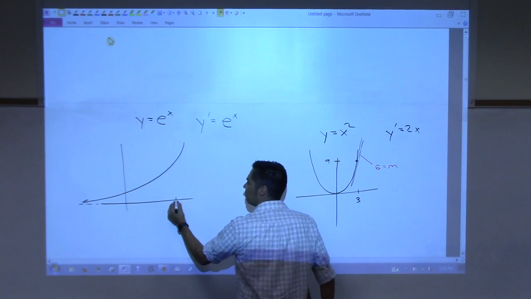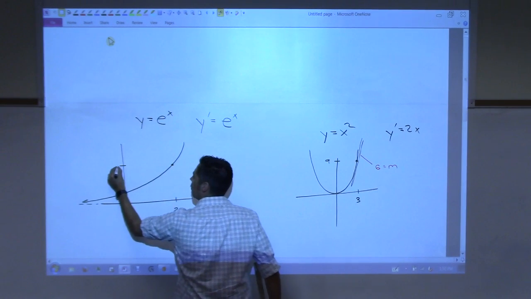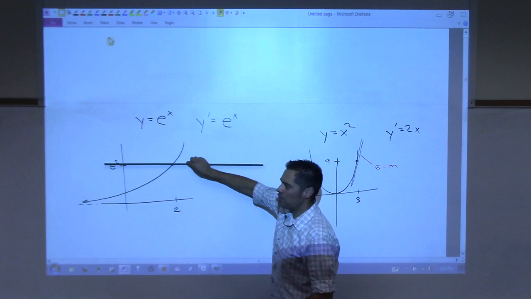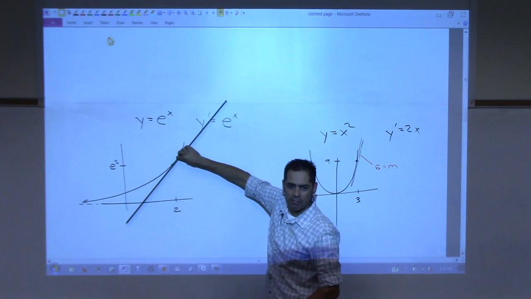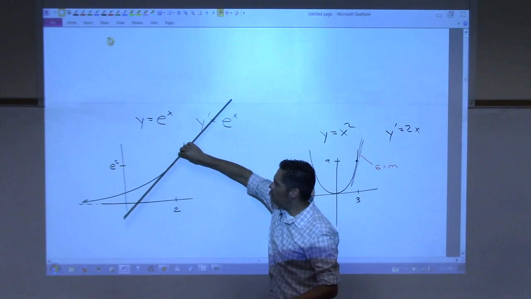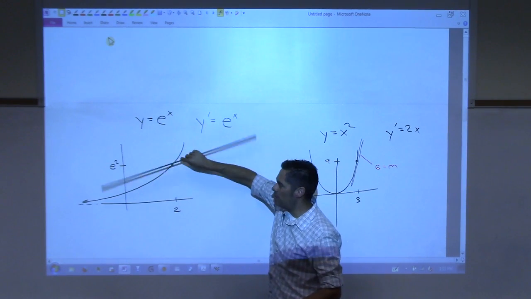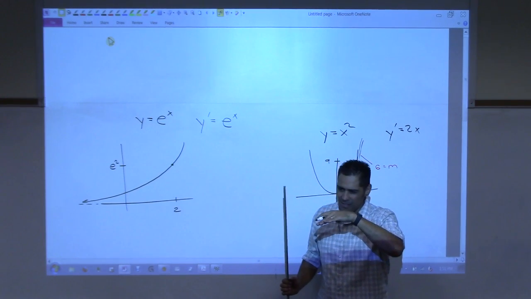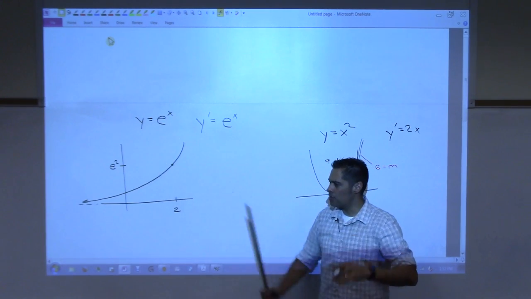Where are we on here? e squared, right? That's how high we are. But guess what the slope of the tangent line is there? e squared. The slope of this line is equivalent to the height of the point off the x-axis. That's the only function that behaves that way.